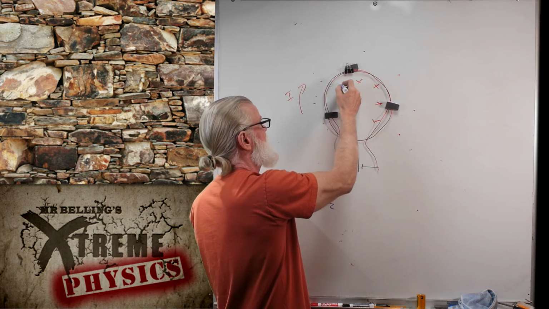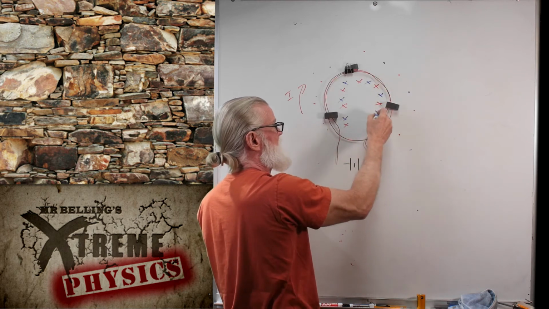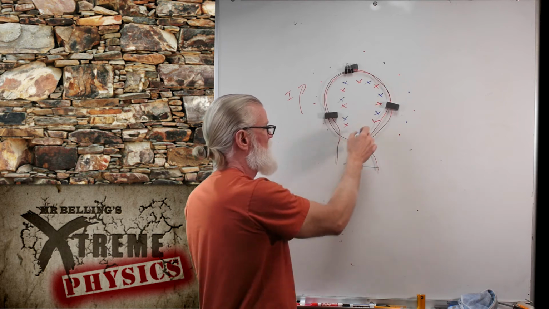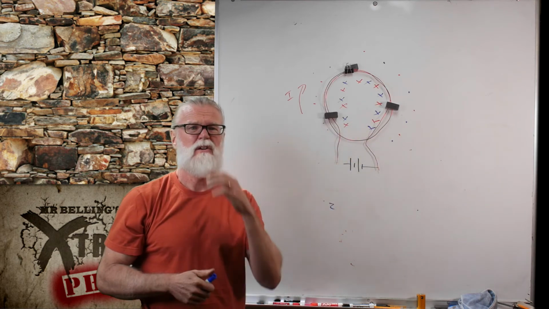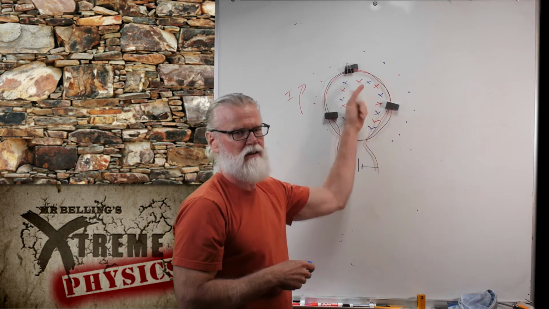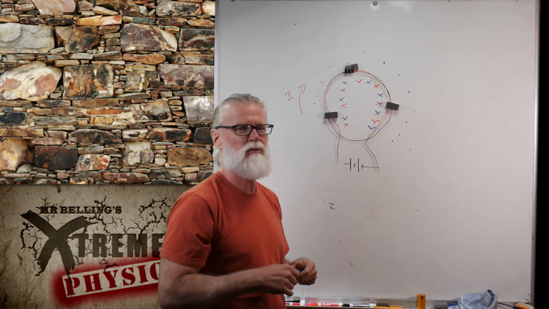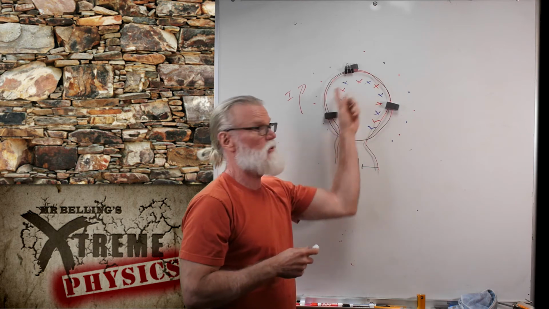So what have we done to the field by going around twice? It's in the same direction in the center. It's in the same direction as the outside both times around. What have we done to the field by going around twice? Well, you can see we've doubled it.